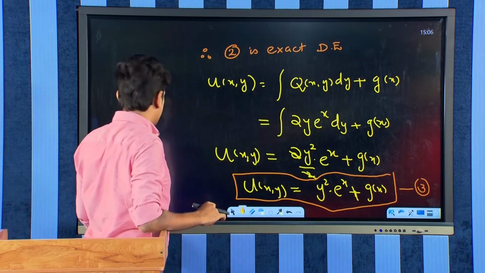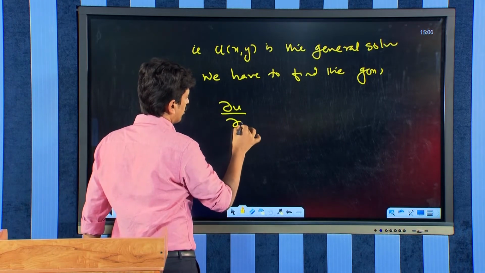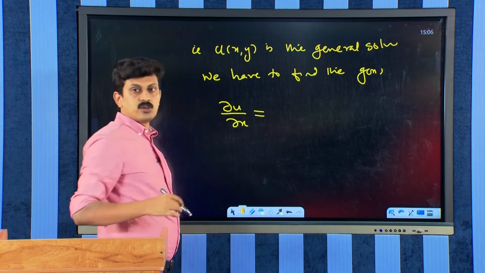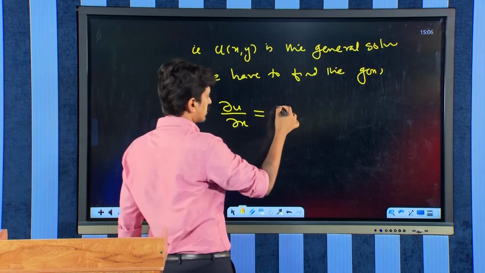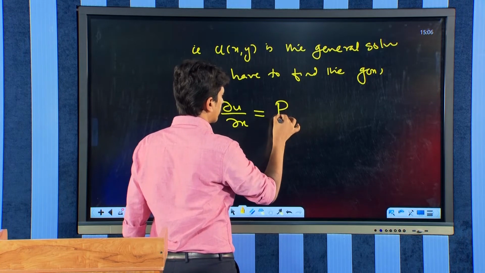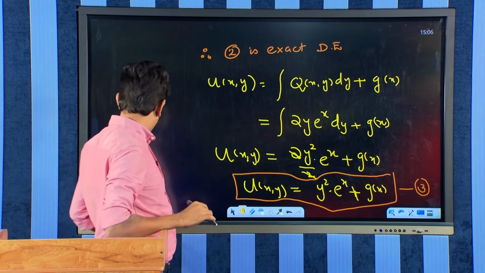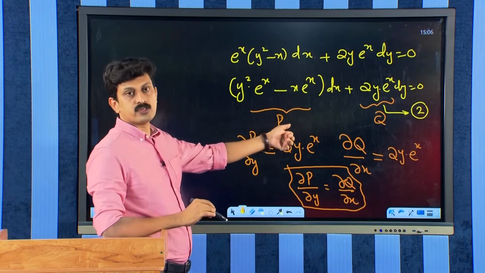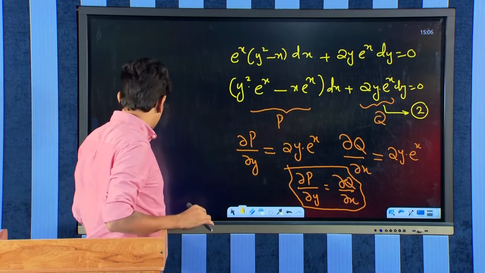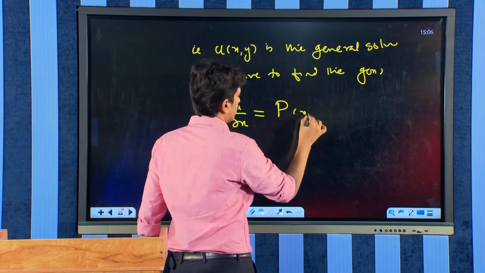Therefore, dou u by dou x is equal to p of x y. Formerly we used m; here instead of m we use the letter p.